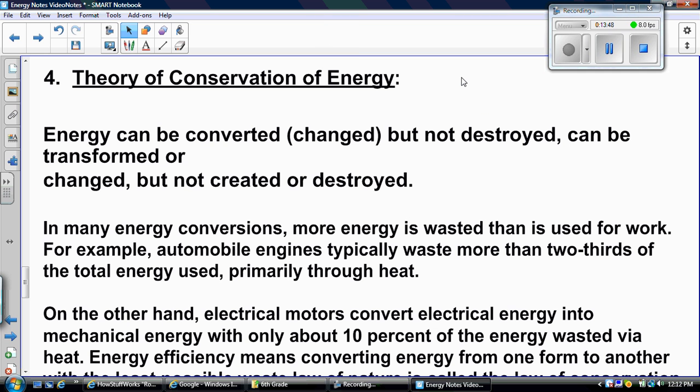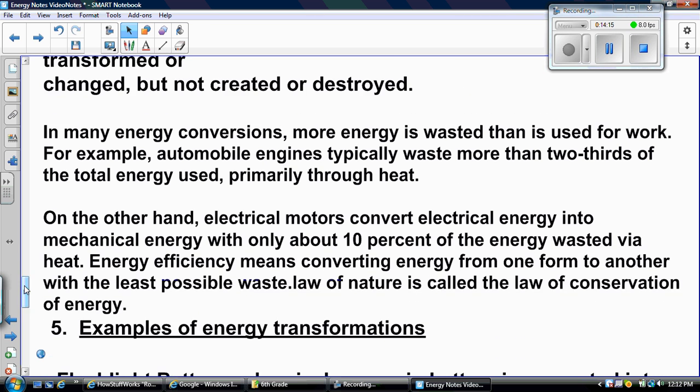But energy cannot be destroyed. It can be transformed or changed, but not created. So energy can be changed or transformed, but not created or destroyed. So you can't create or destroy energy. All you can do is change the energy that we have from potential to kinetic, from kinetic back to potential, from kinetic to kinetic.